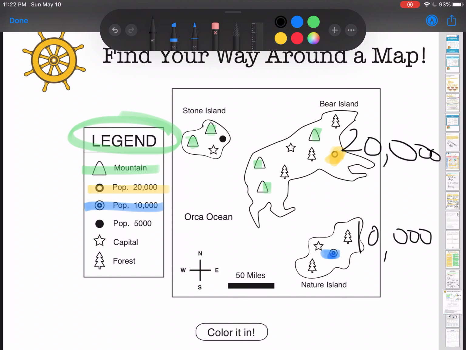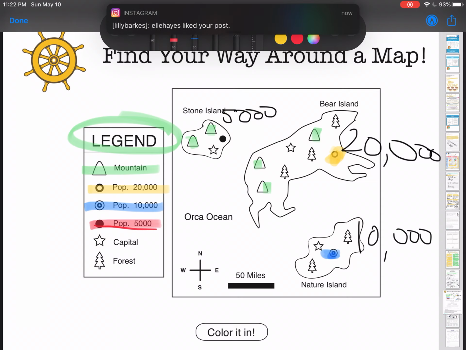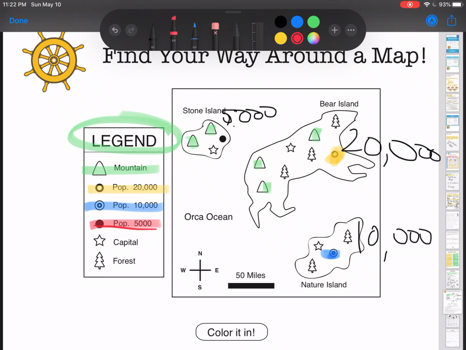So there are 10,000 people on Nature's Island. And here's another one that says POP. That's 5,000. So that means 5,000 people live on Stone Island, because it's right there.